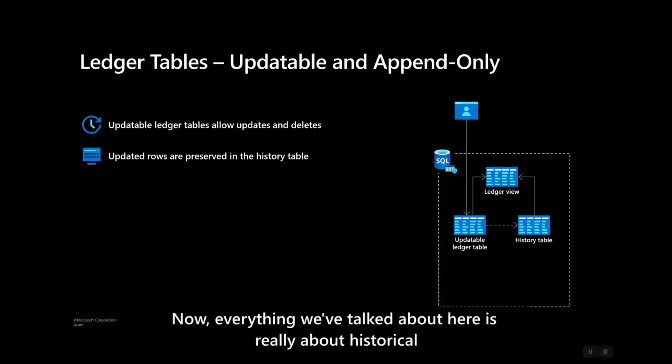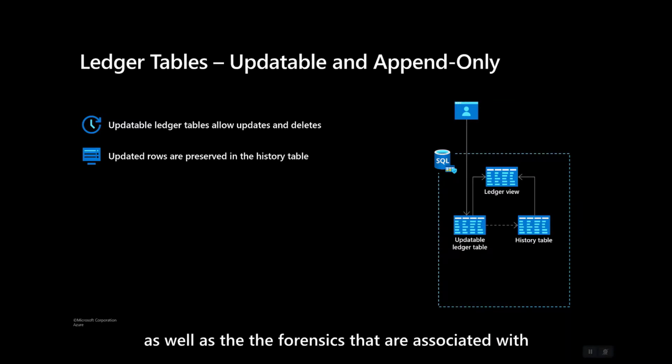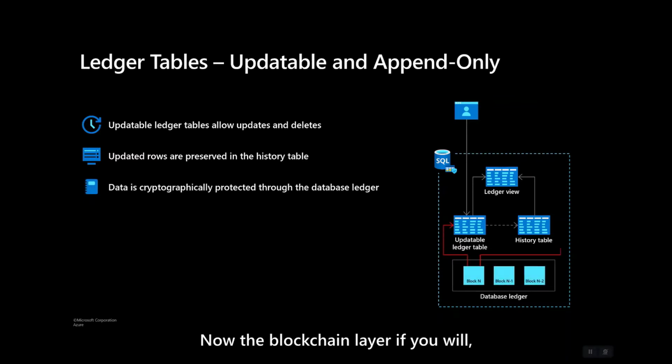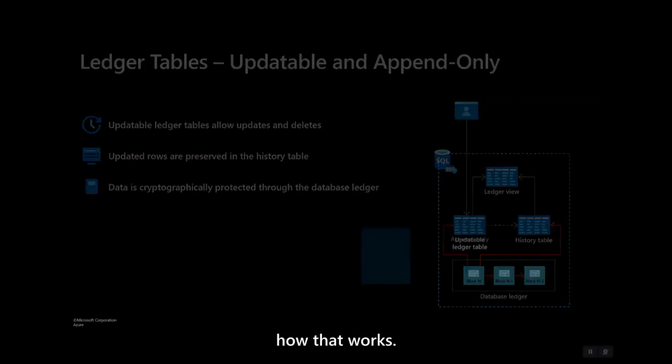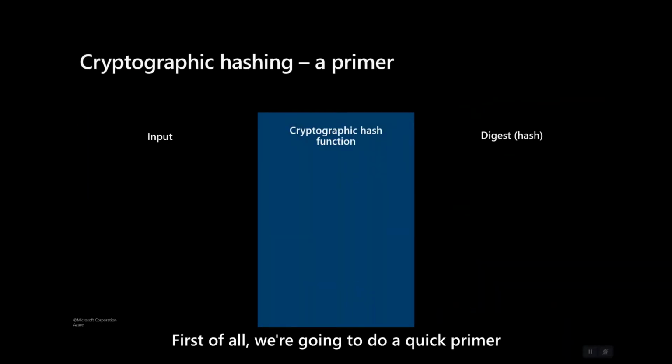Now everything we've talked about here is really about historical record tracking changes, as well as the forensics that are associated with it. Now the blockchain layer, if you will, what we call the database ledger, is using the same cryptographic patterns that a blockchain employs. So let's dive in a little bit and talk about how that works. First of all, we're going to do a quick primer on cryptographic hashing.